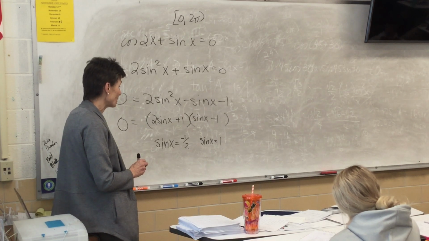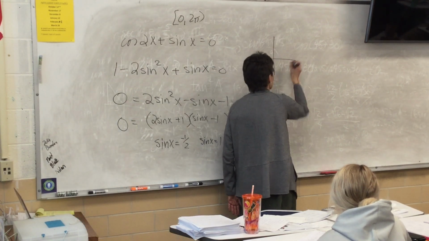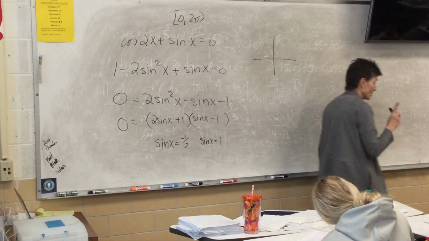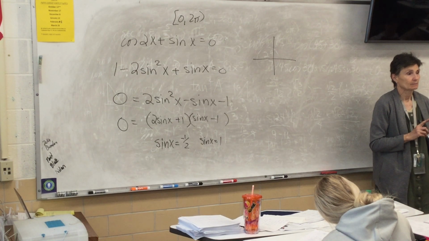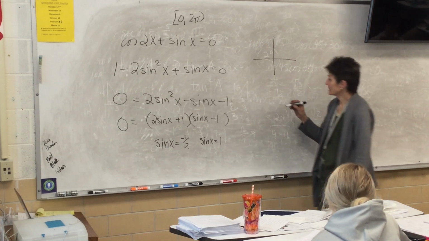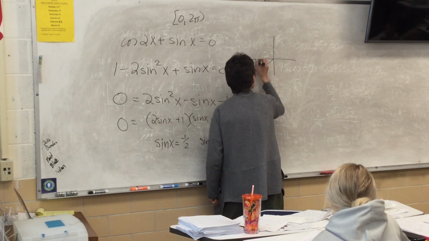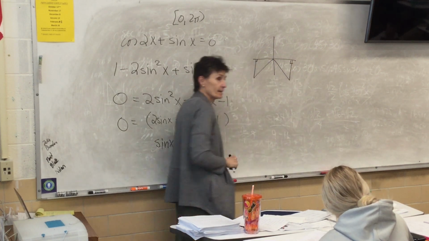Well, I had what I need on the board, but now I have to draw it again. Where is the sine negative? Start there. Where is the sine negative? 3 and 4. We know it's negative in 3 and 4 because sine is y, and y is negative down there.